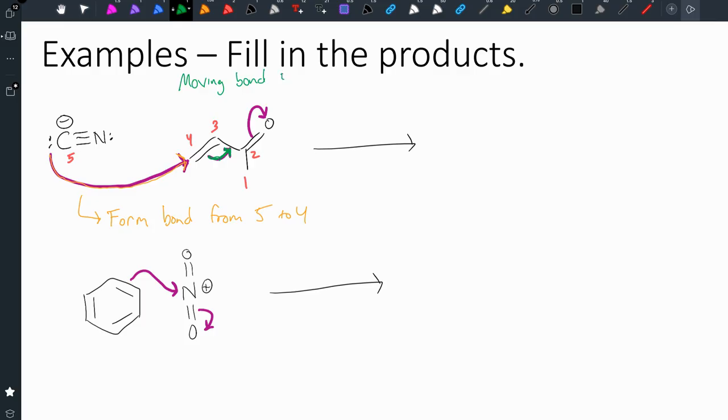It was from 4 to 3, but now it's going to be from 3 to 2. So now I would have an extra bond from 3 to 2. And then for my last arrow, this last arrow is breaking the bond from 2 to oxygen and making a lone pair.